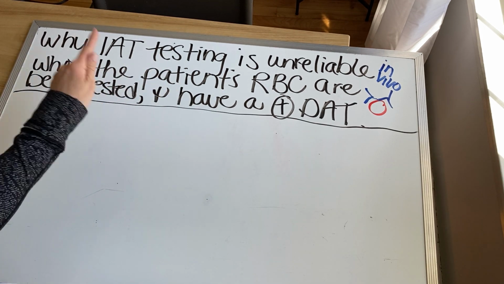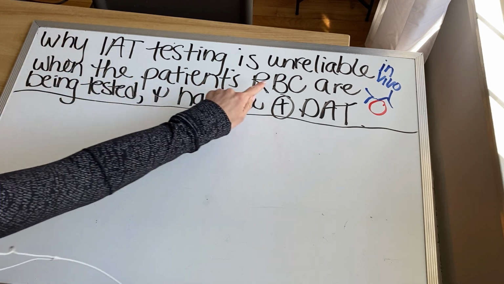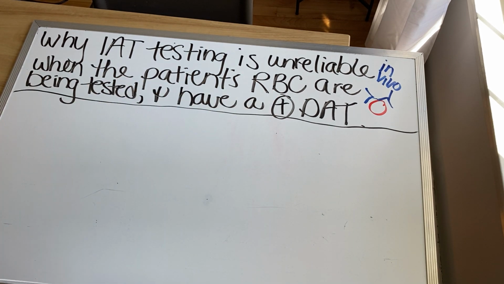But if we're using the patient's red cells in the IAT test, not the plasma, but the patient's red cells that have the positive DAT, then we can't rely on the IAT result. And this is why.